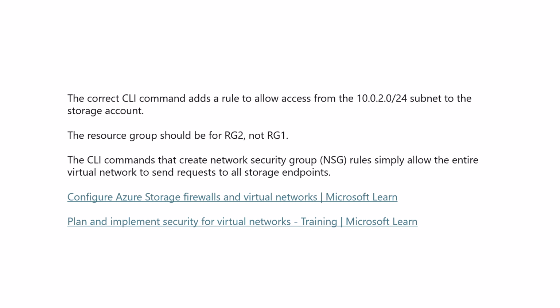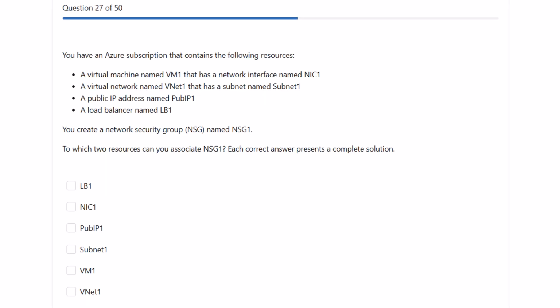The resource group should be RG2, as I mentioned, not RG1. The CLI commands that create a network security group, NSG, rules simply allow the entire virtual network to send requests to all storage endpoints.